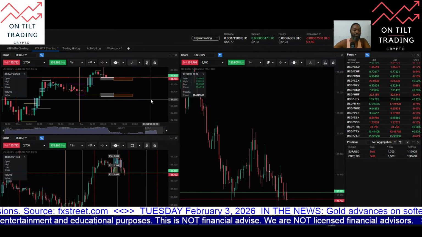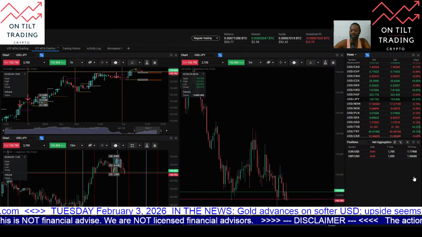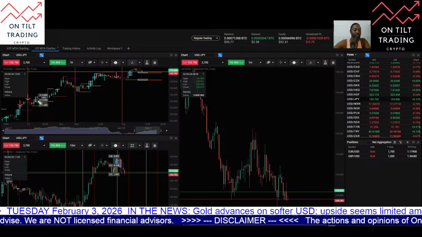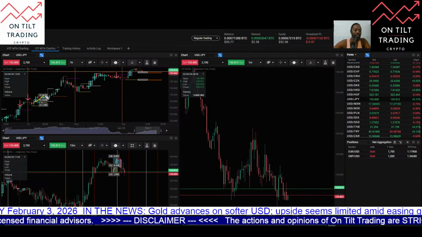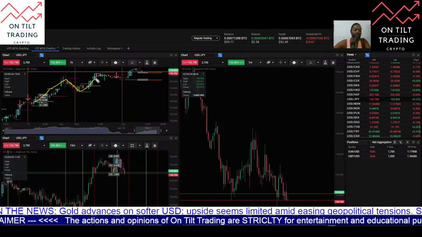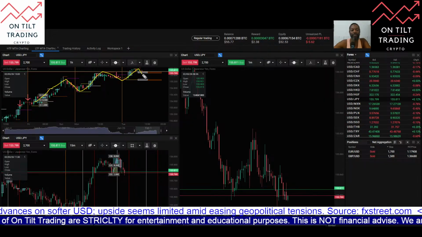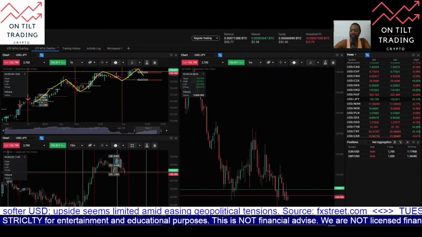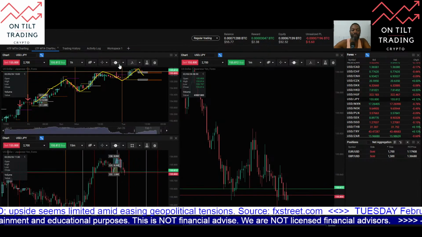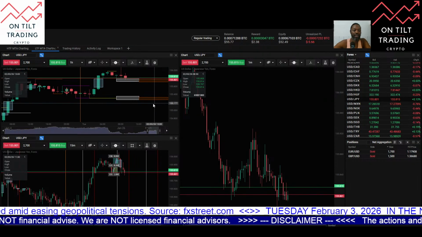Okay, there's a break of structure. So looking at the structure here on the dollar yen pair, higher high, higher low, higher high, higher low, higher high. Want to see a higher low. So this may be having a hard time as well because of the structure on the hourly chart.